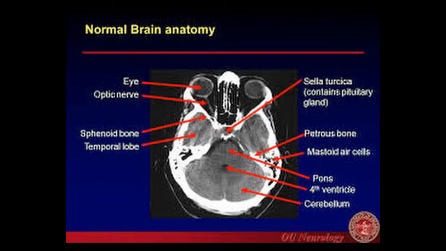Normal brain anatomy: eye, optic nerve, sphenoid bone, temporal lobe, on the right side sella turcica, down that petrous bone, mastoid air cells, pons, after that the fourth ventricle and cerebellum.